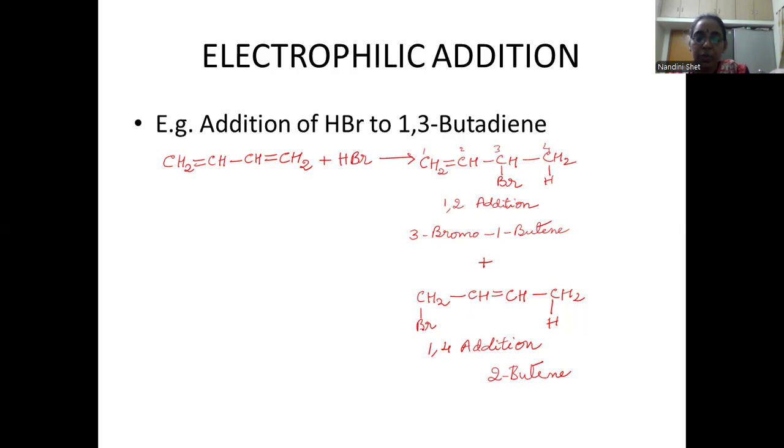And there is a substituent bromo on this carbon, which can be numbered as 1. So it is 1-bromo-2-butene. Okay, this molecule is obtained as another product. So we have a mixture of products which is obtained when you treat 1,3-butadiene with HBr. So this is the overall reaction.